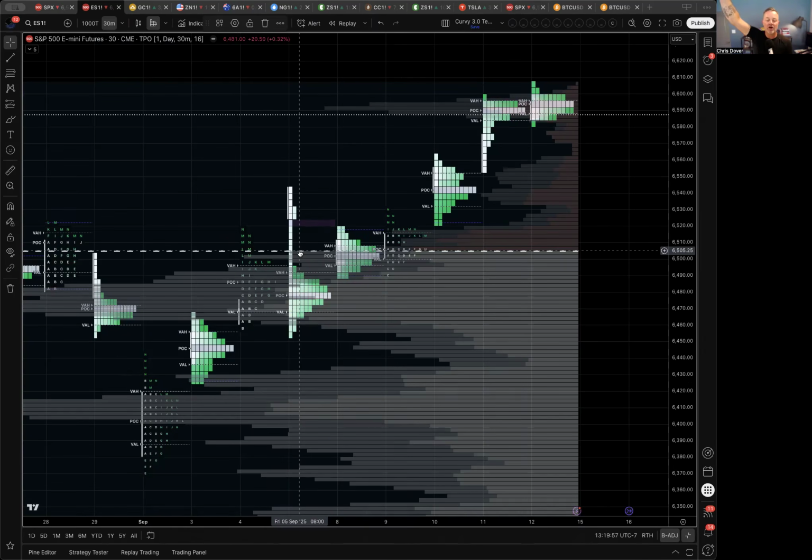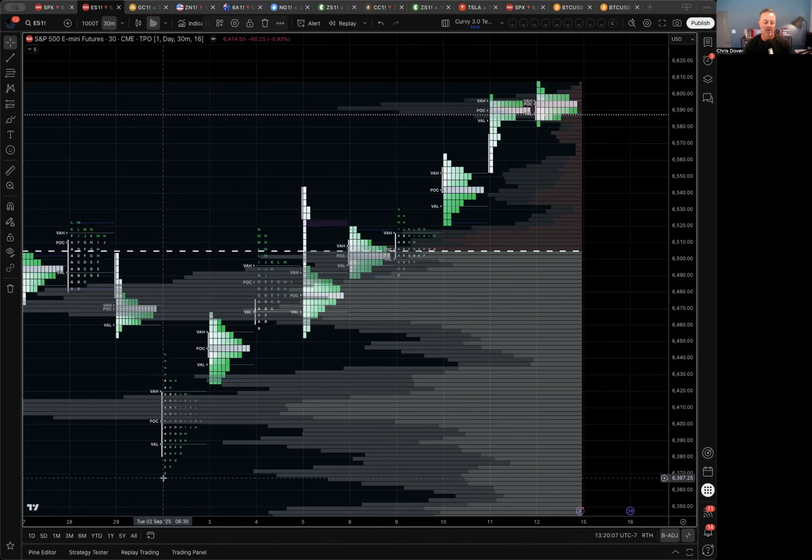There's a big jump and then where does it find itself? Since the beginning of September, it's mid-September right now, it pretty much has been doing this thing called one time framing higher, meaning it's opening and closing higher on the daily. And so right now we have a bit of a trend.